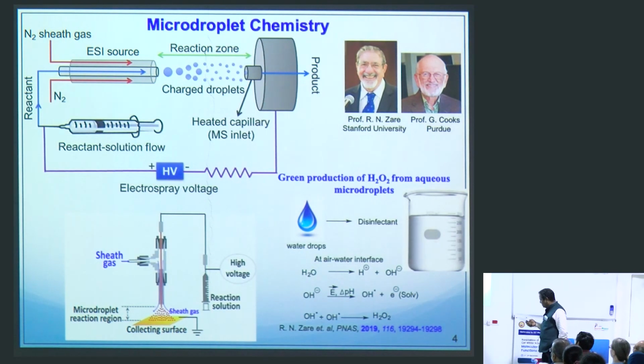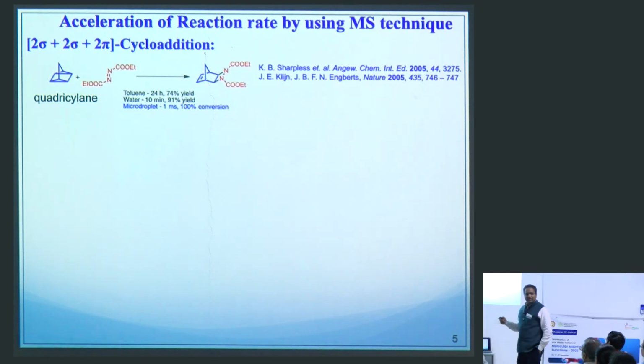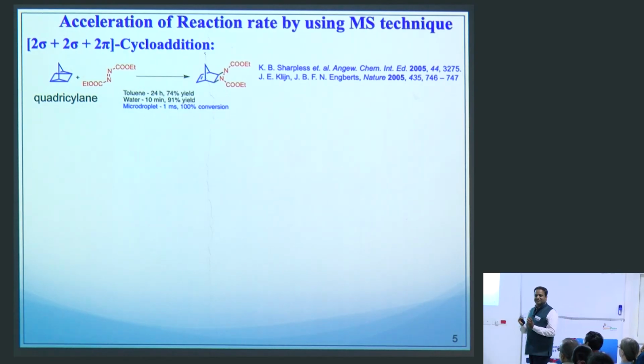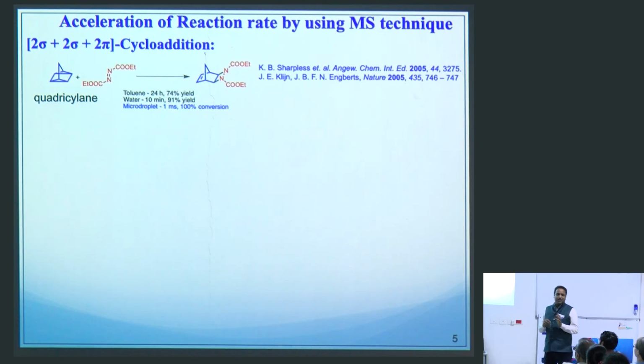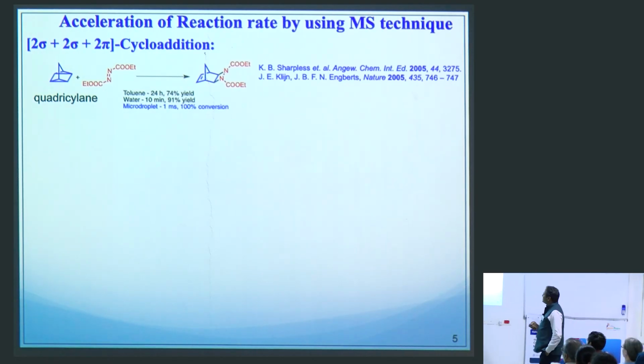By using the microdroplet, this is one of the basic examples that has been done very long back: a 2+2+2 cycloaddition reaction. Today I'm going to talk about mostly organic reactions, and a little bit related to molecular materials. I will also tell what that is.